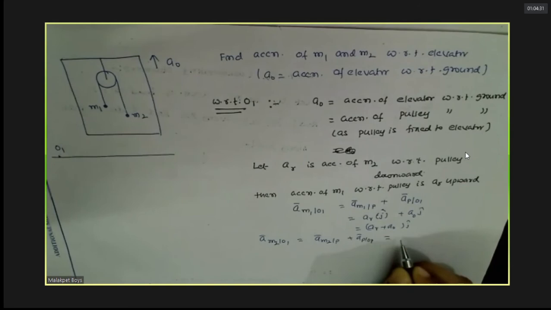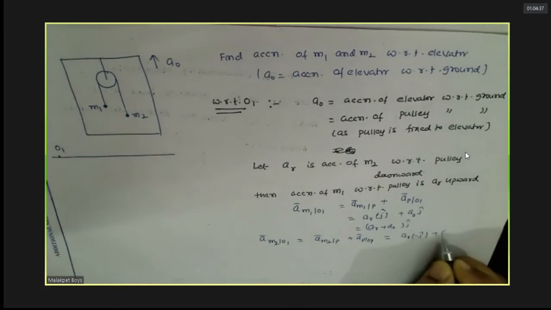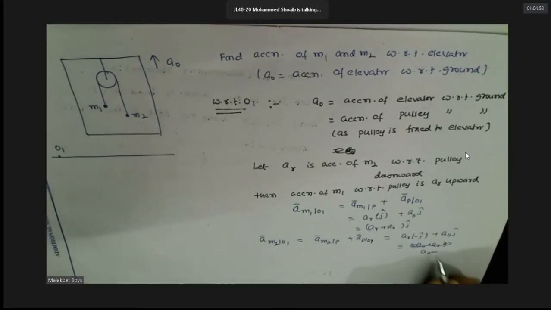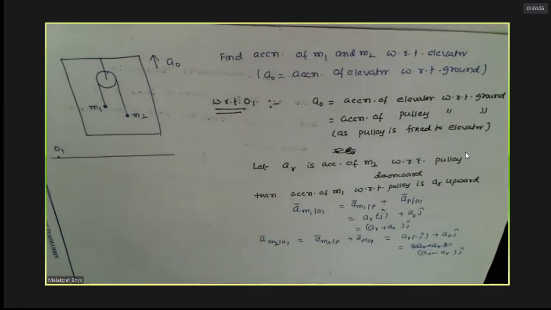This is M2 with respect to the pulley, which you have taken as AR minus J, and the pulley is A naught J. So you have A naught minus AR, in which direction? Or if you want, you take it like this: A naught minus AR, J cap. Do you agree with this?